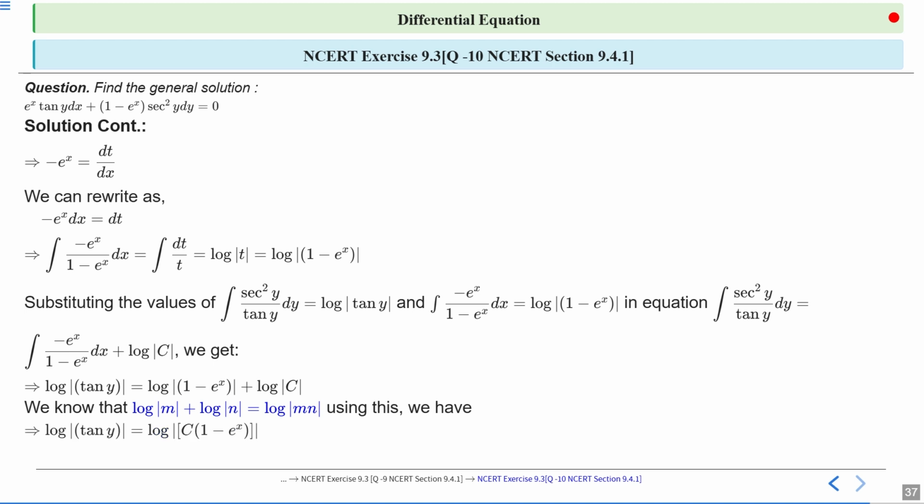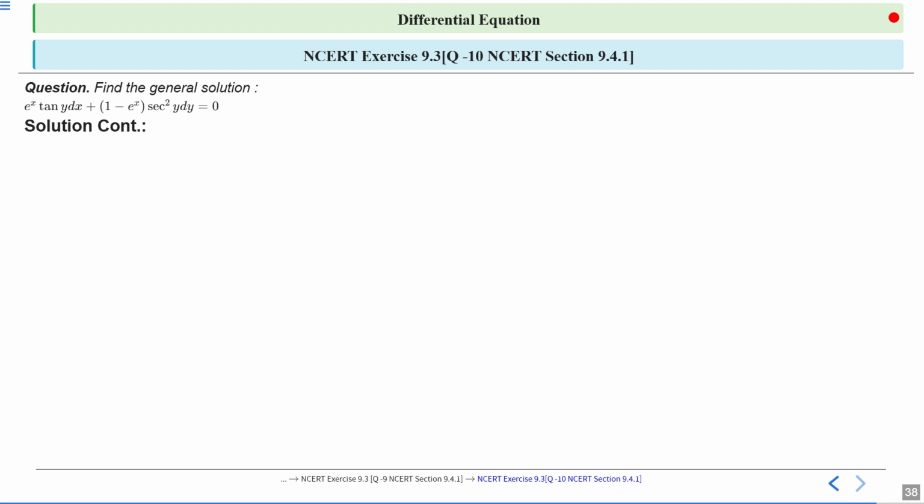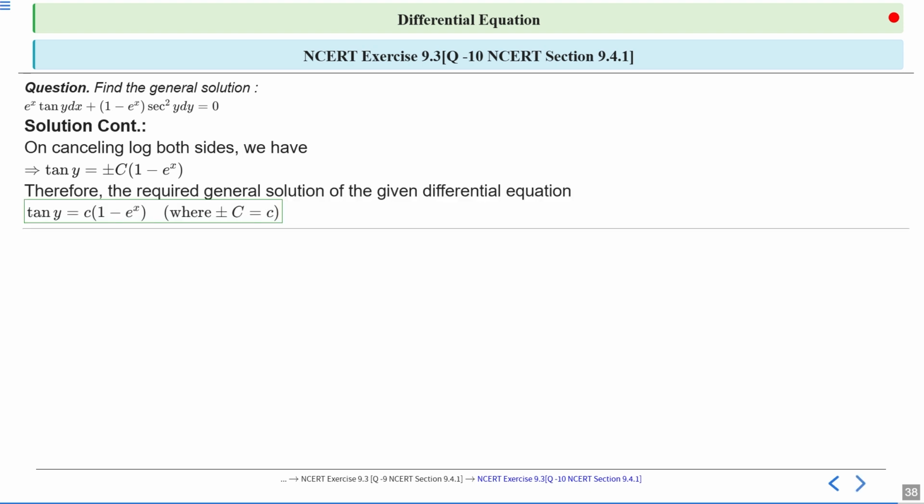So using this, we have log tan y is equal to log c(1 minus e^x). So on cancelling log on both sides, we have tan y is equal to plus minus c(1 minus e^x). Therefore, the required general solution of the given differential equation is tan y is equal to c(1 minus e^x). Okay. So thank you.